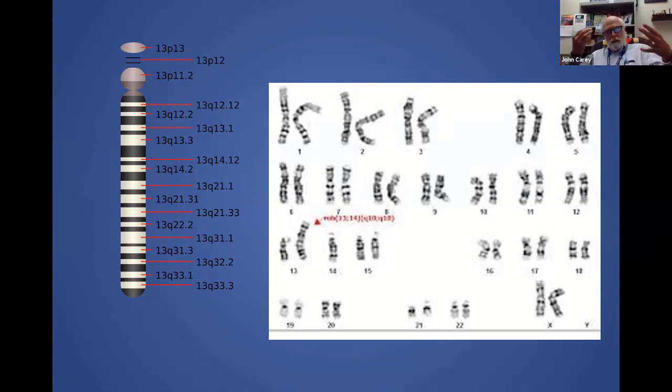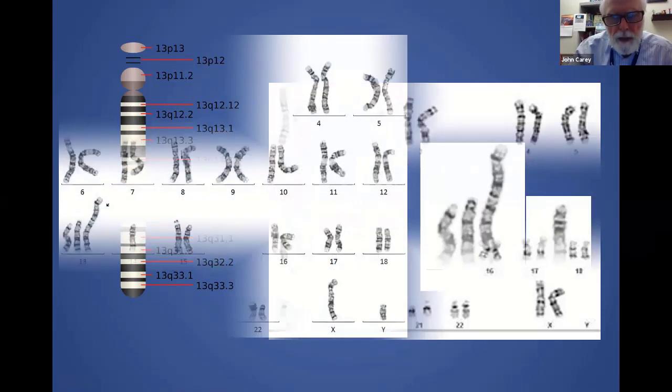Their offspring, if he or she were to have this type of translocation trisomy 13, would have 46 chromosomes because they'll have this fusion chromosome with the extra 13 attached.